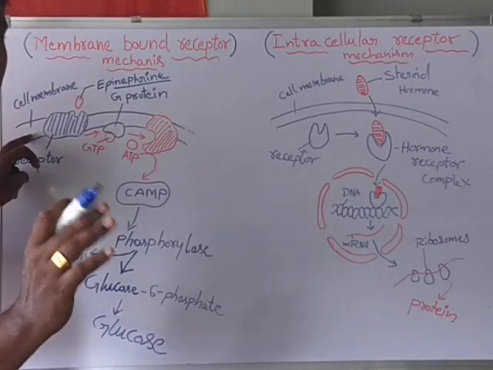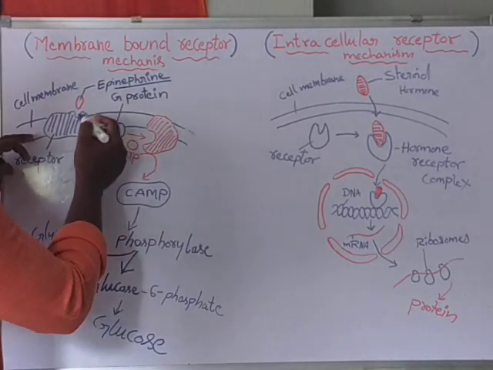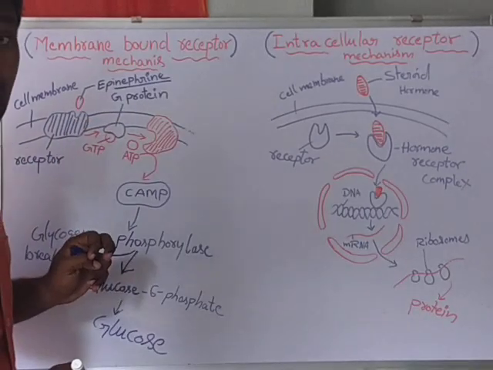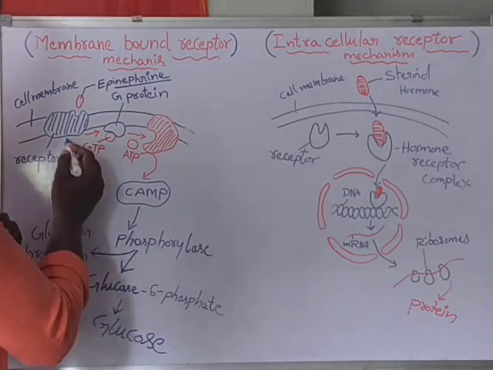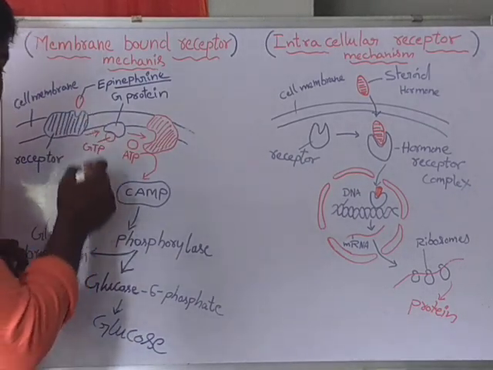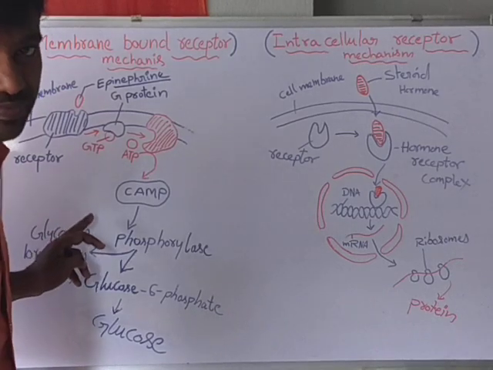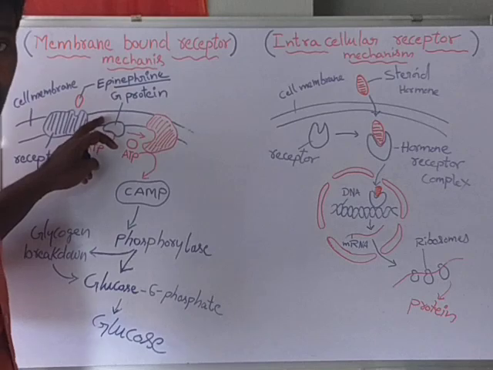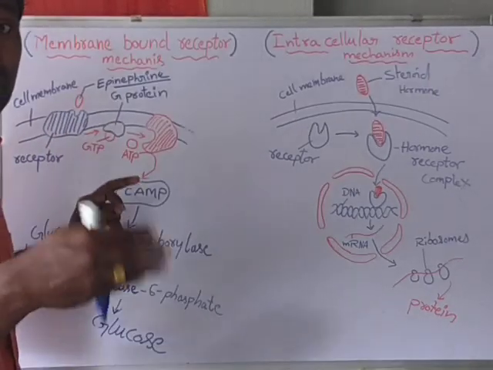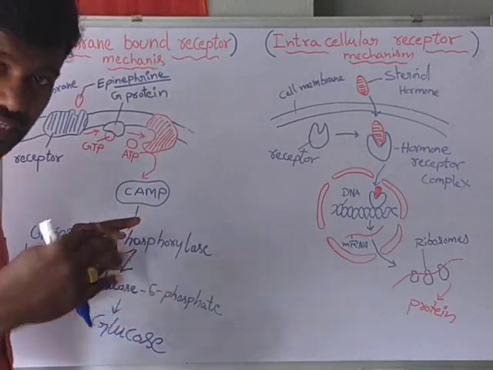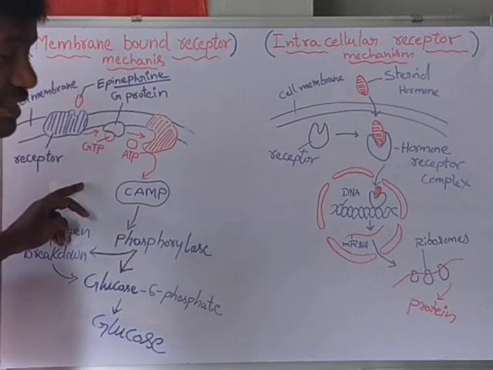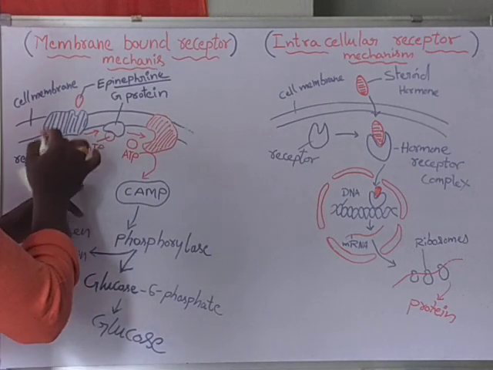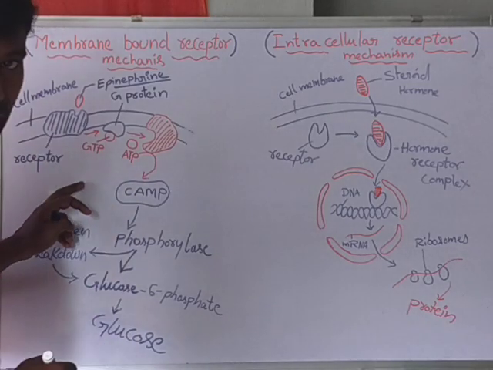When the hormone comes near, the receptor receives epinephrine. But epinephrine cannot move inside the cell, because the plasma membrane contains phospholipids and epinephrine cannot dissolve in them. That's why it binds with the membrane bound receptor.